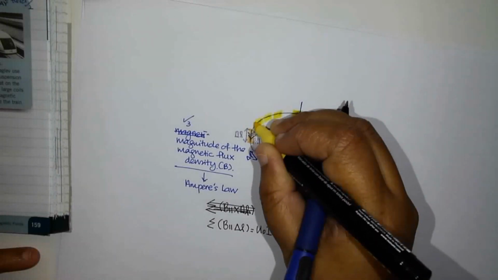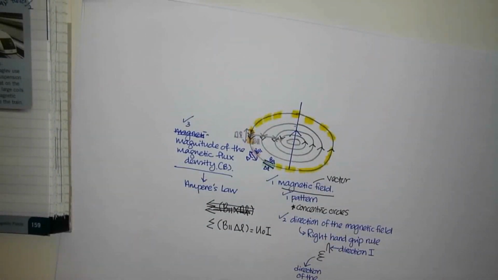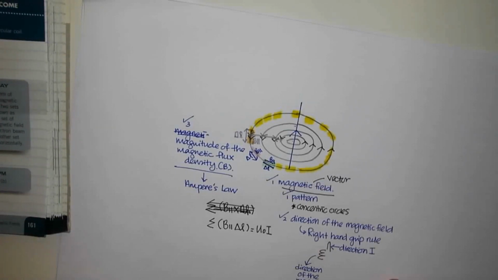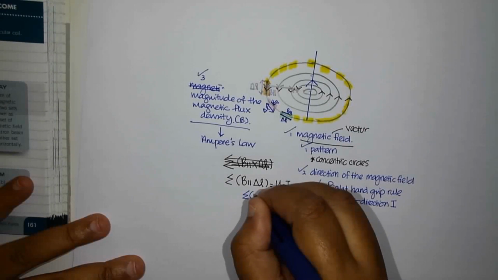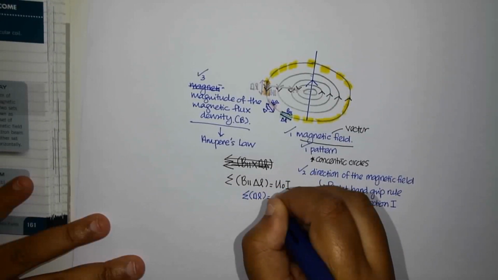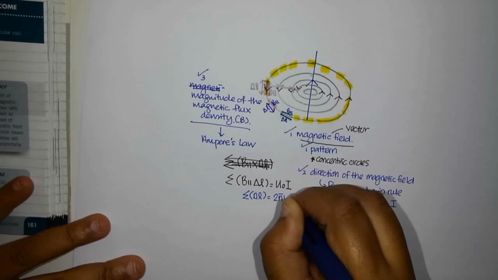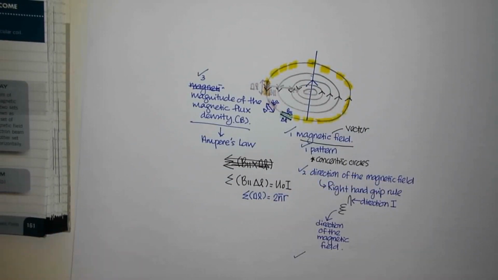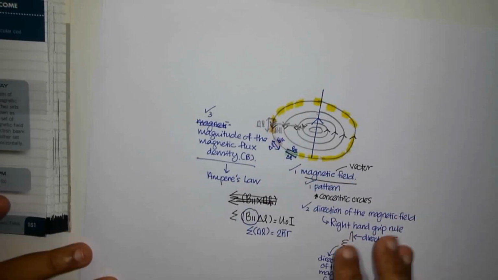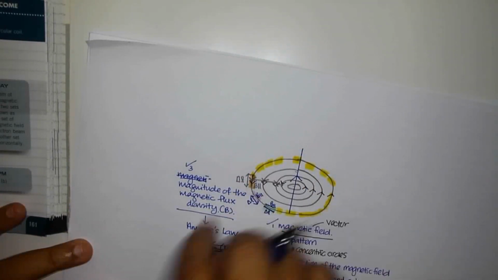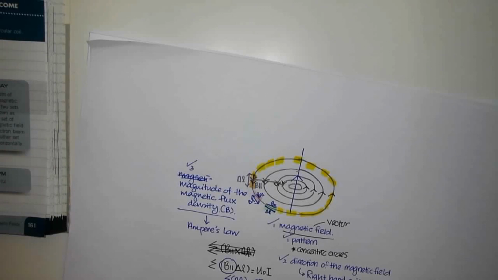Until you cover up the whole entire closed path, you will notice your total delta L will be 2 pi r. And your B parallel is constant, the value is constant throughout the closed path.